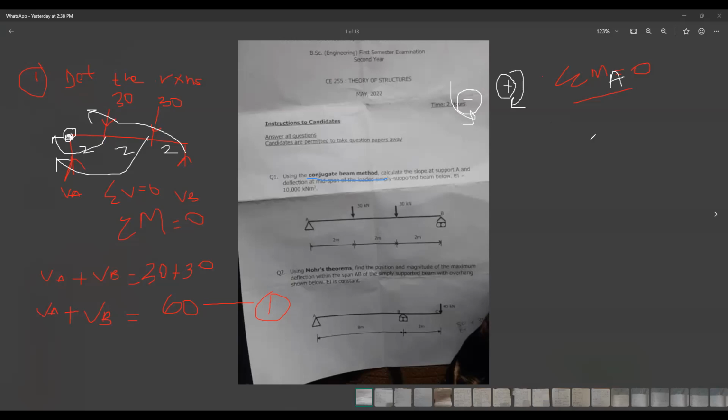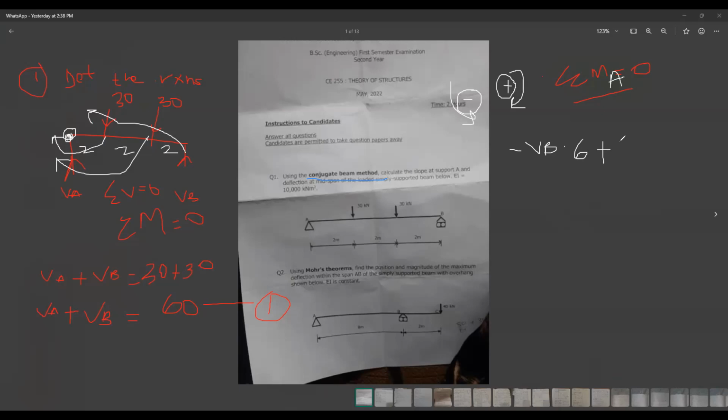So summation of moment about A, VB will cause what? Is it a positive or negative moment? A negative moment. So minus VB times the perpendicular distance to the point we are taking the moment, times 6. Then you go to 30. The 30, is it positive or negative moment? I think it's positive.